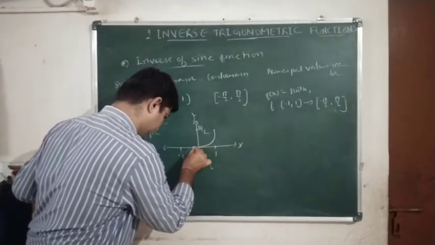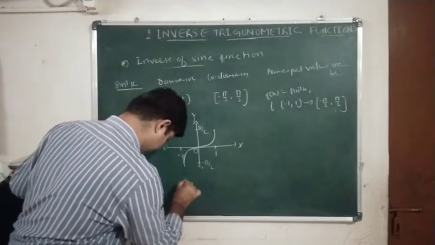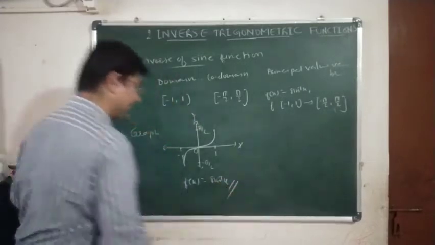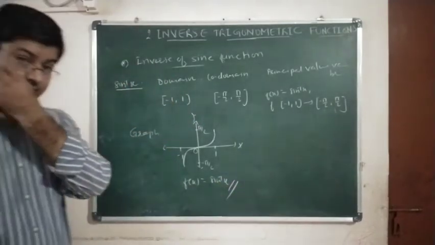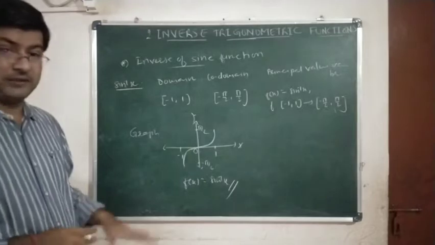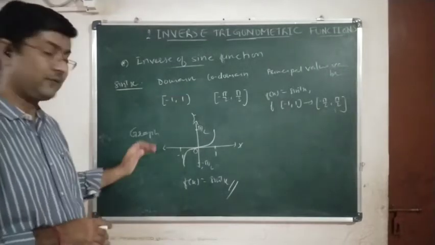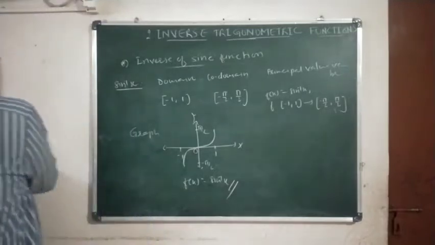This is the graph of the function sine inverse x. Clear? Now similarly we will see the domain, codomain, principal value branch and graph for the cos inverse x function.